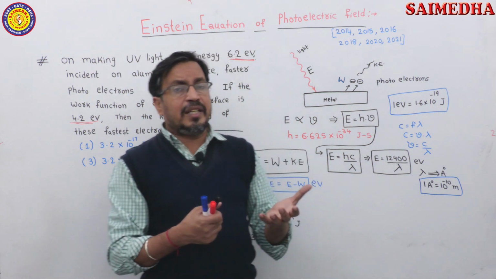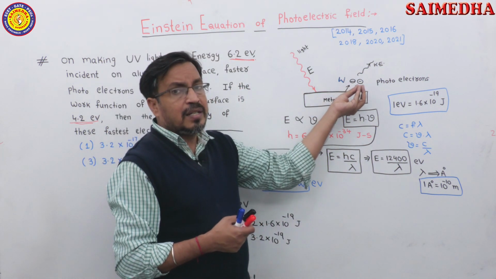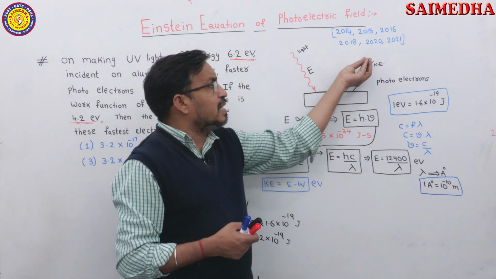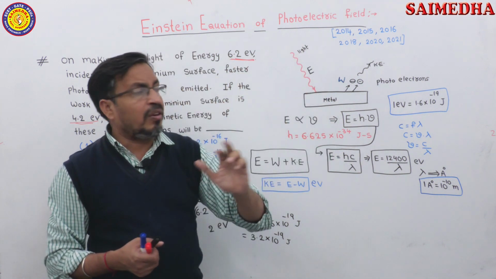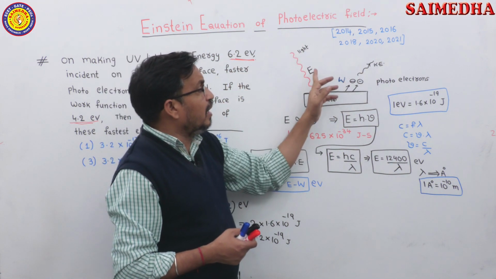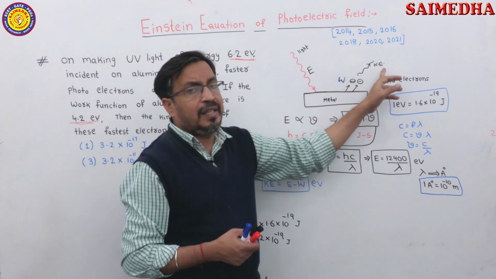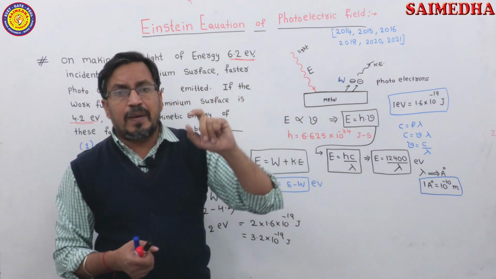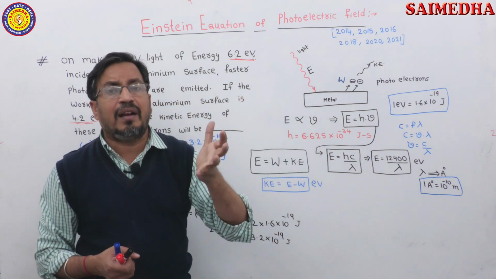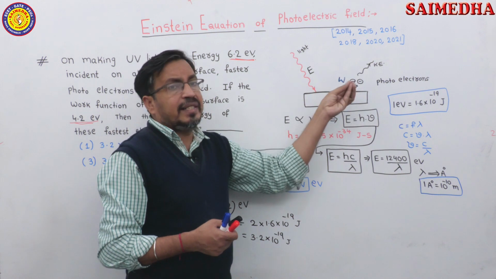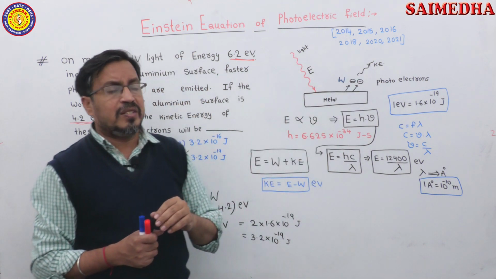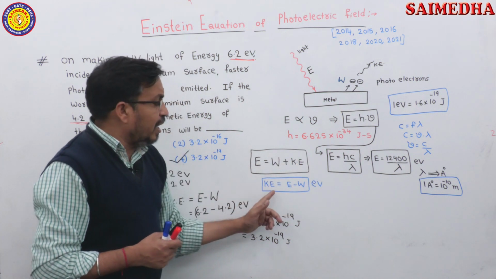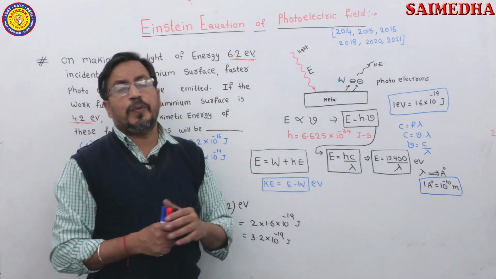The remaining energy is given to the emitted electrons as kinetic energy. Therefore E equals W plus KE, where E is the energy of incident light, W is the work function, and KE is the kinetic energy of emitted electrons. From that, KE equals E minus W.